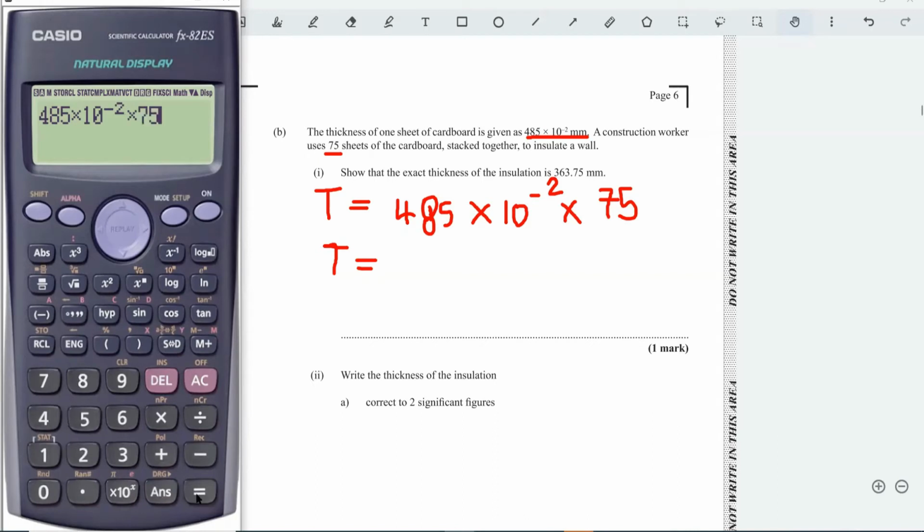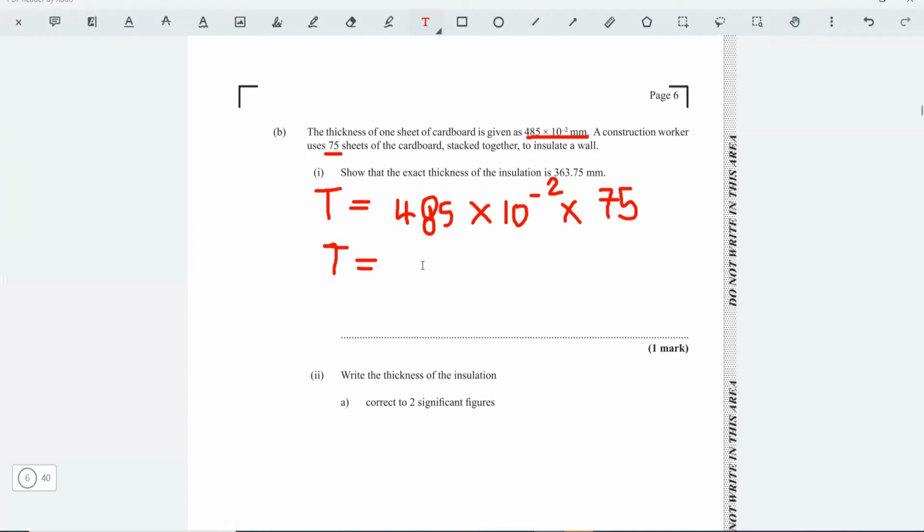And there we get the answer, 363.75 millimeters. All right, that's your answer.